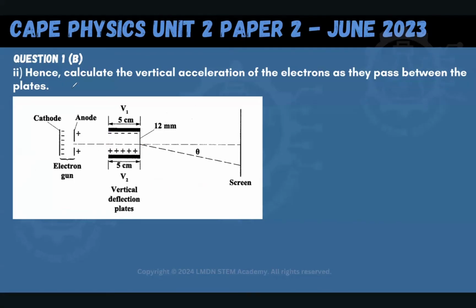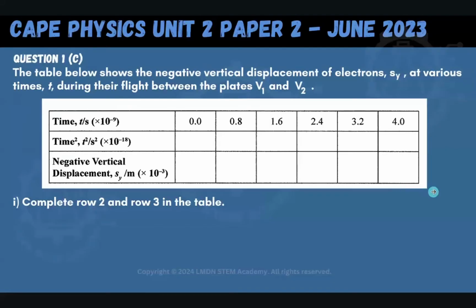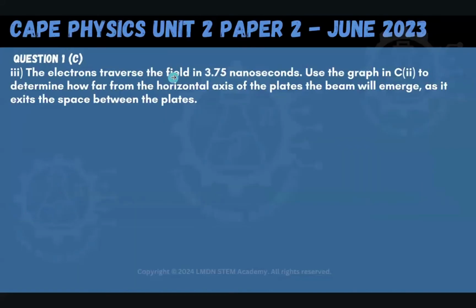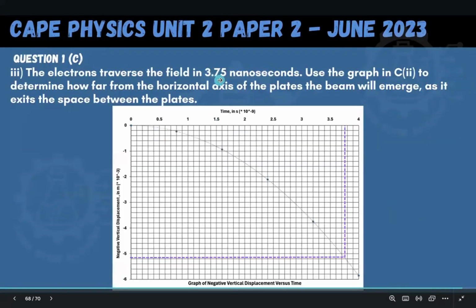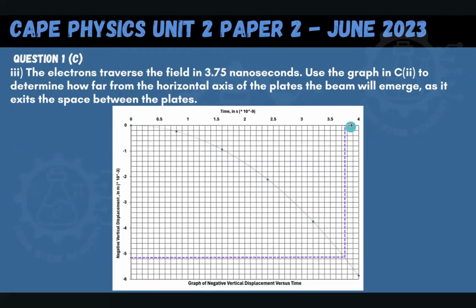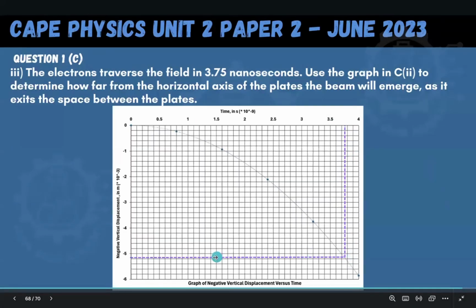All right, so let's go back to the question now. It traversed the field in that amount of time, so we're going to use the graph that we just drew to determine how far from the horizontal axis of the plates the beam will emerge as it exits the space between the plates. So here it is, 3.75 nanoseconds. Let's find that time on our x-axis, right here. We come down and meet the curve and then find the corresponding negative vertical displacement.